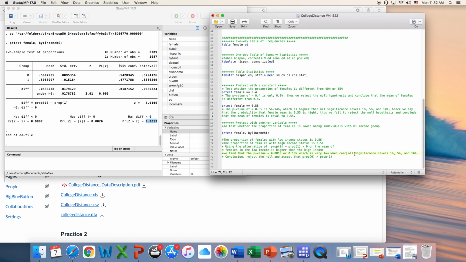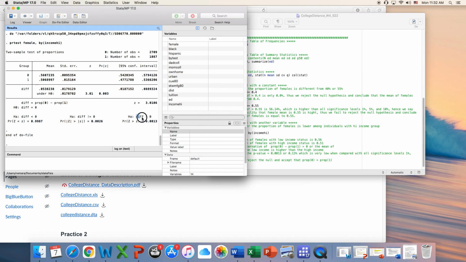It's very low when compared with all the significance levels that we have: 1%, 5%, and 10%. If I have a low probability that this is true, right? There is a low probability that this is true, right? So what we say is we basically reject the null hypothesis. I reject this one and I accept the alternative. I accept that the difference is positive, right?